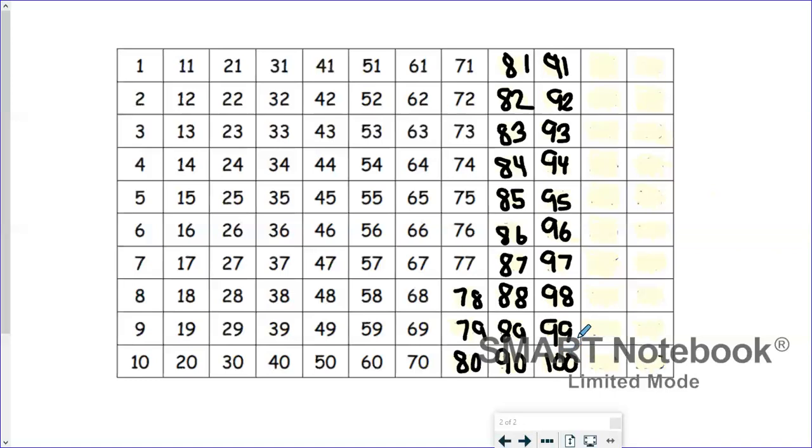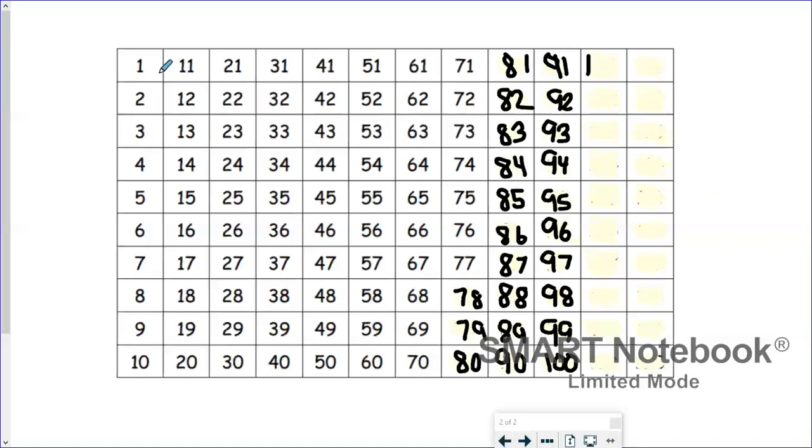So if you look now, we still have some empty spaces. So we're going to be writing numbers that are bigger than 100. When you write numbers that are greater than 100, you're always going to start with the 1 in the 100s place. And then the number in the middle is the number in the tens place. We don't have any tens yet because it's like we're starting over.